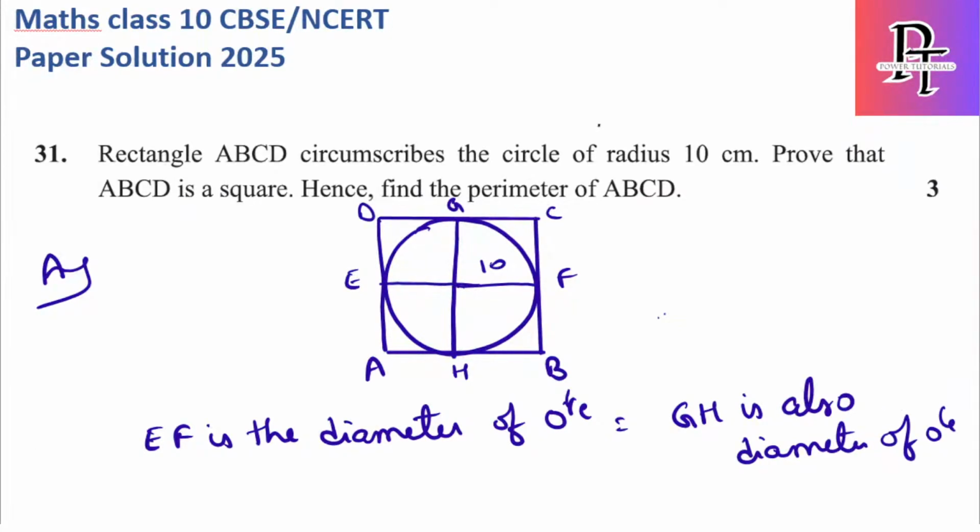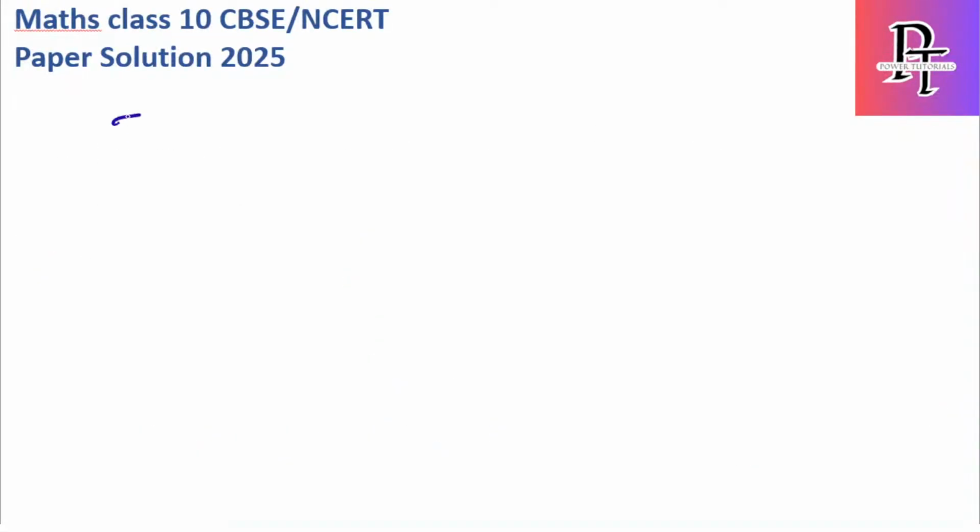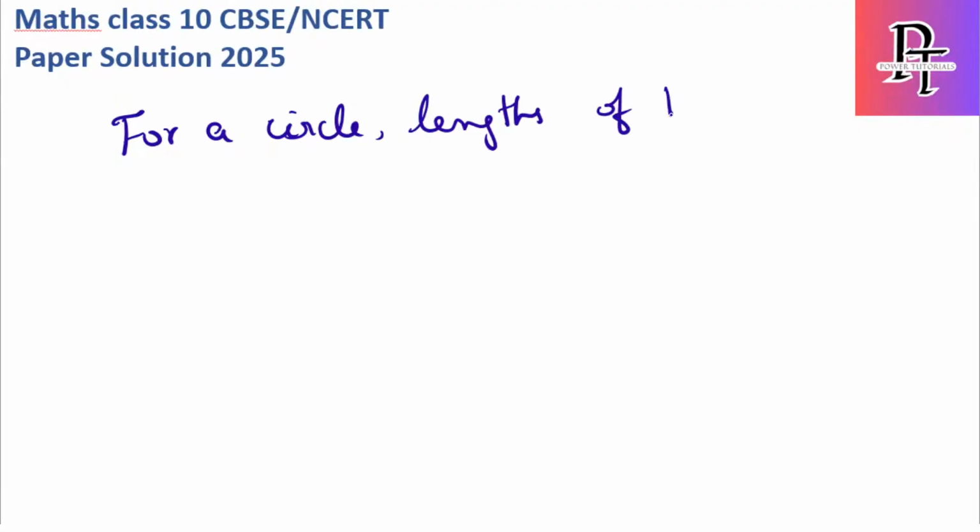So for a circle, the lengths of diameters are always equal.